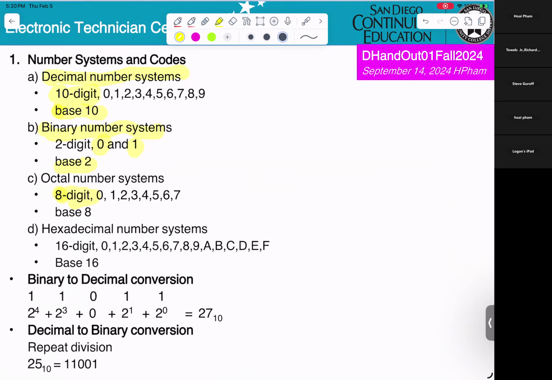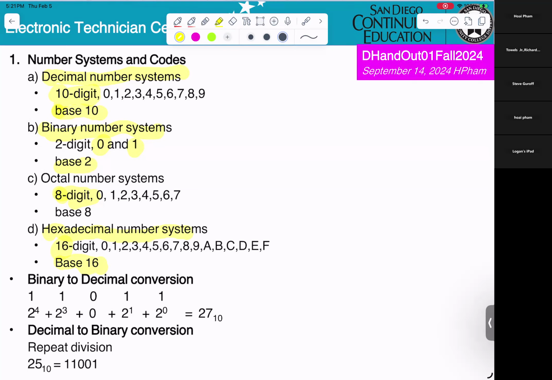The last one, hexadecimal number system. They have 16 digits. You can see they start from 0, 1, 2, 3, 4, 5, 6, 7, 8, 9. Then they will be A, B, C, D, E, F. Total will be 16 digits. That's why they call it base 16.